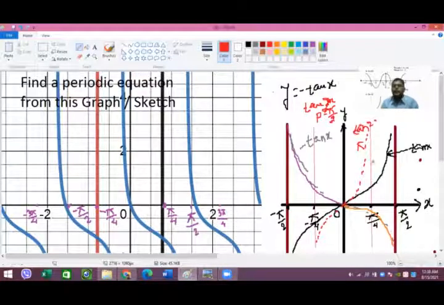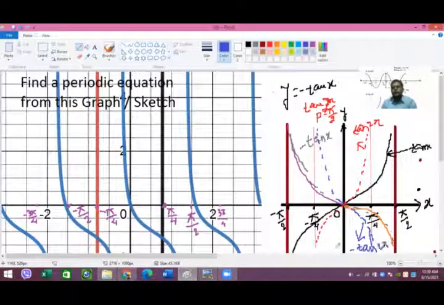So this is the equation for tan 2x. And if you reflect this image about the y-axis, your curve will look like this. It goes nearer and nearer to this line, and then another line, but it never touches the line, and it has equation y equals minus tan 2x.